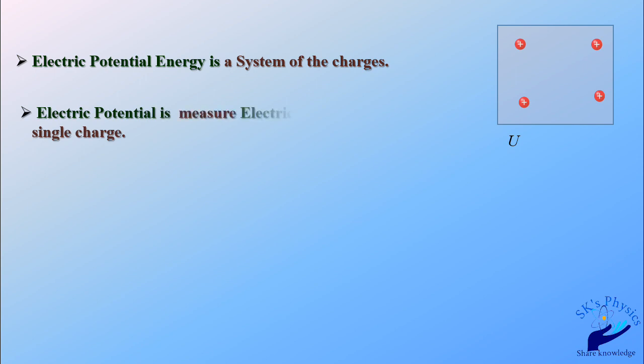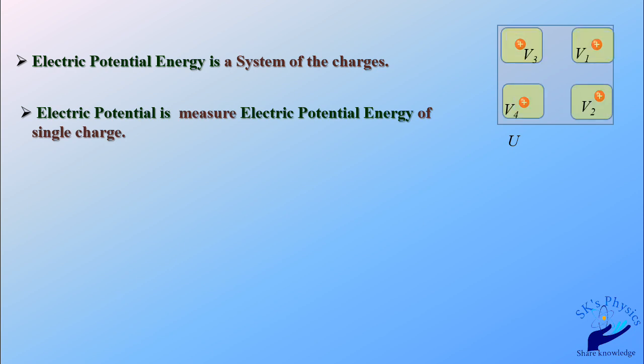Electric potential measures the electric potential energy of a single charge. So here V1, V2, V3 and V4. Electric potential V is equal to U by Q, energy upon charge.